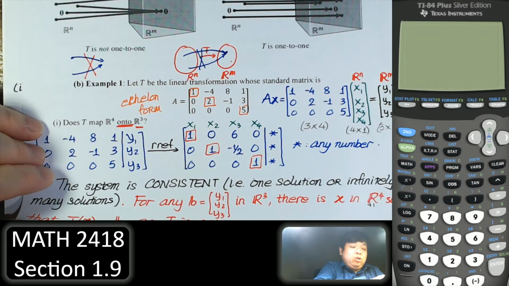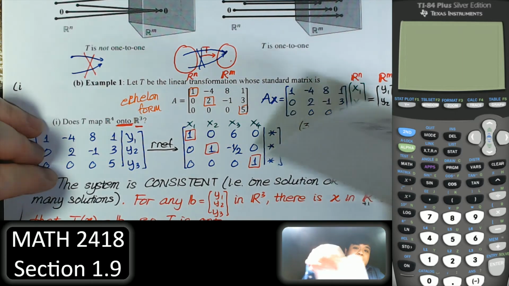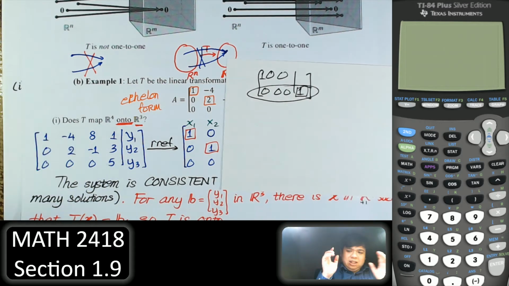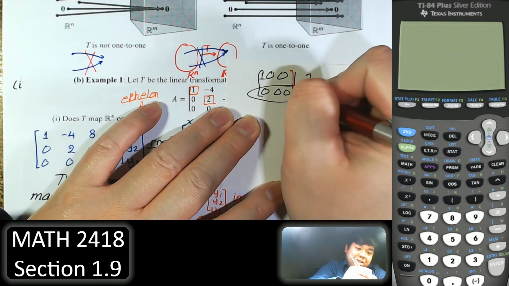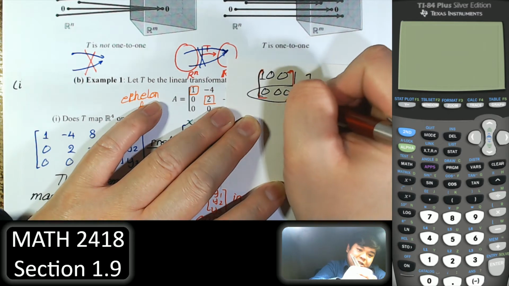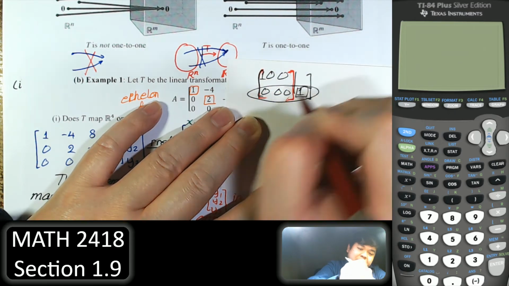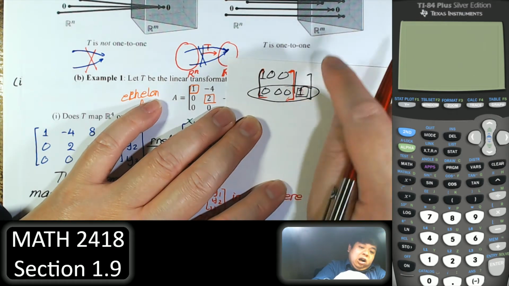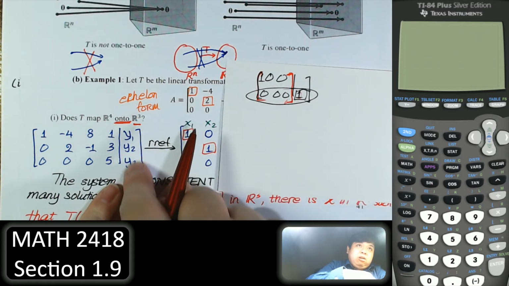And to guarantee that there is a solution, we cannot have a one on the last column of the augmented matrix. Notice that when I say the pivot on the last column of the augmented matrix, it is different than the matrix itself. This is the matrix itself. In the augmented matrix, we have a one coming from the last column.